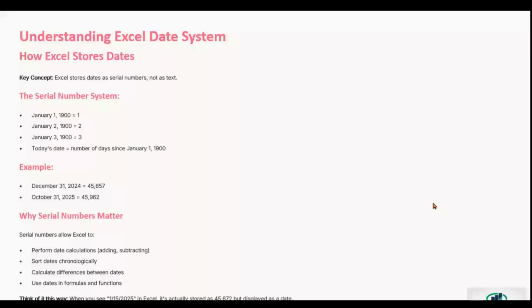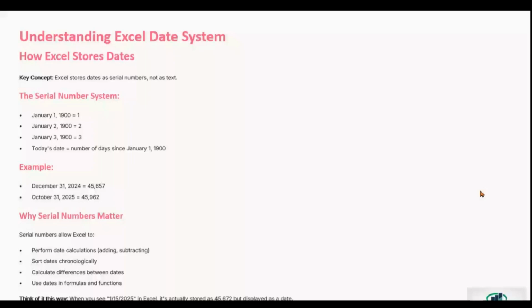You will notice that so many times when you type date in your Excel, you can have something like 45,657, something like 45,962. What does it mean in Excel? It means that every date that we have in Excel has its own number, has its serial number.